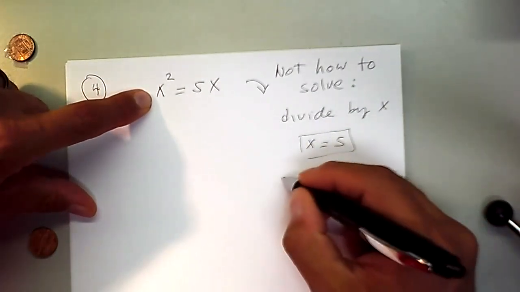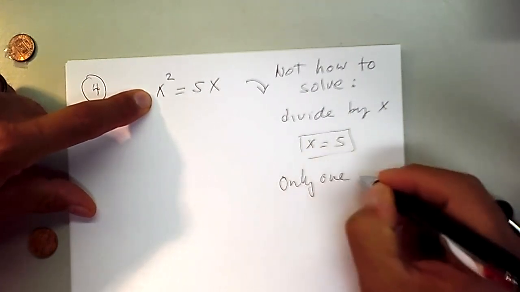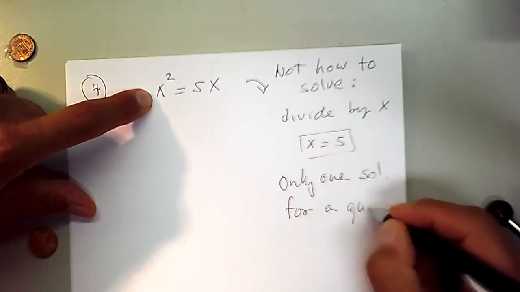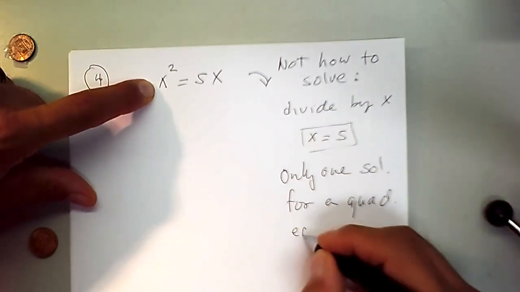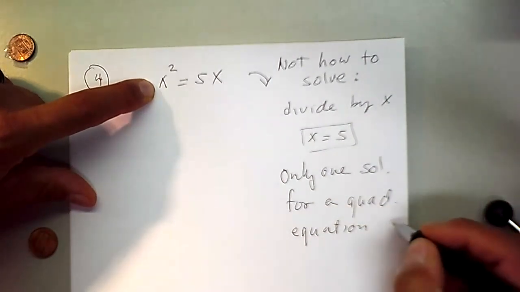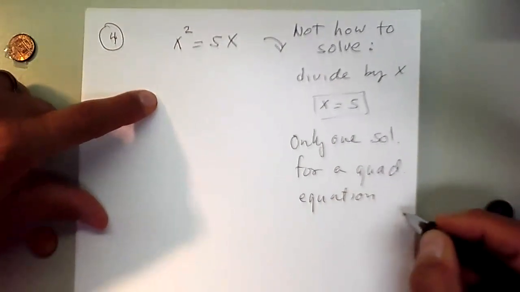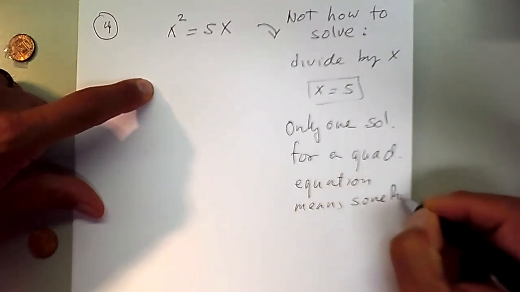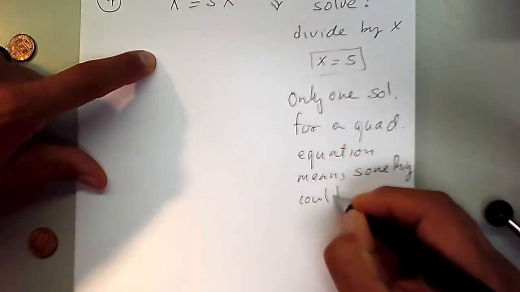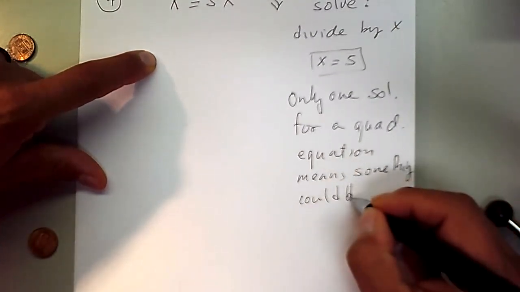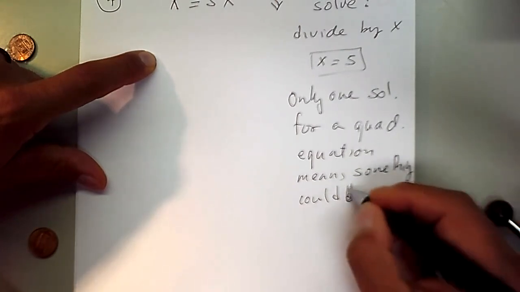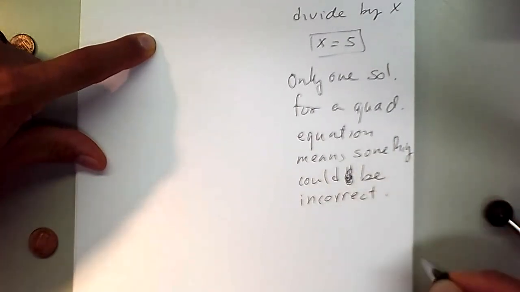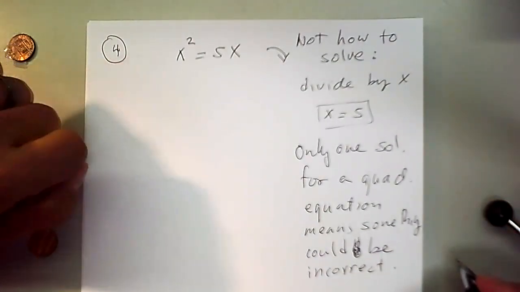So only one solution for a quadratic equation means something could be incorrect. Not necessarily, because there are some quadratic equations that have only one solution.